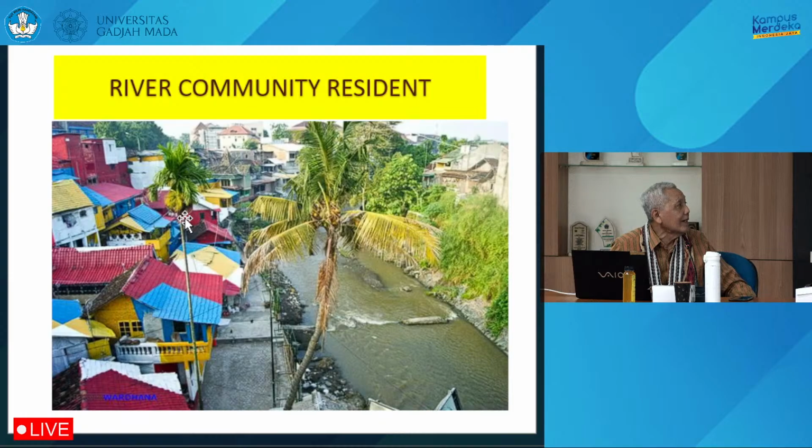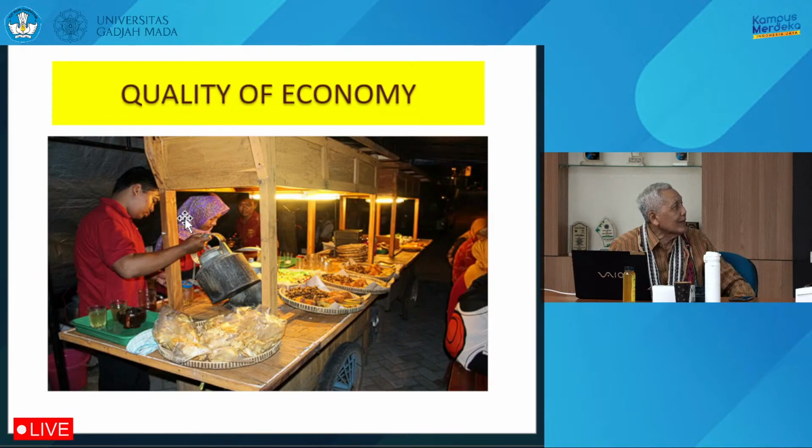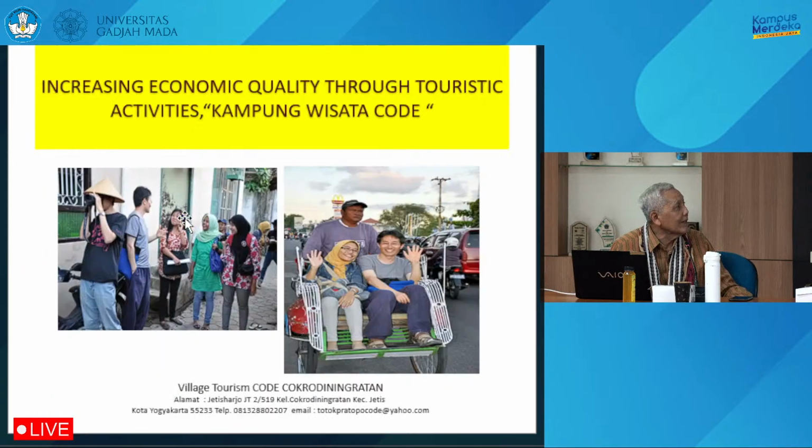And the river will be a new tourism area. Okay, that's today. This is what we call economic increasing, because the environment in the river is good quality, and this is the kampung wisata, what we call river tourism.